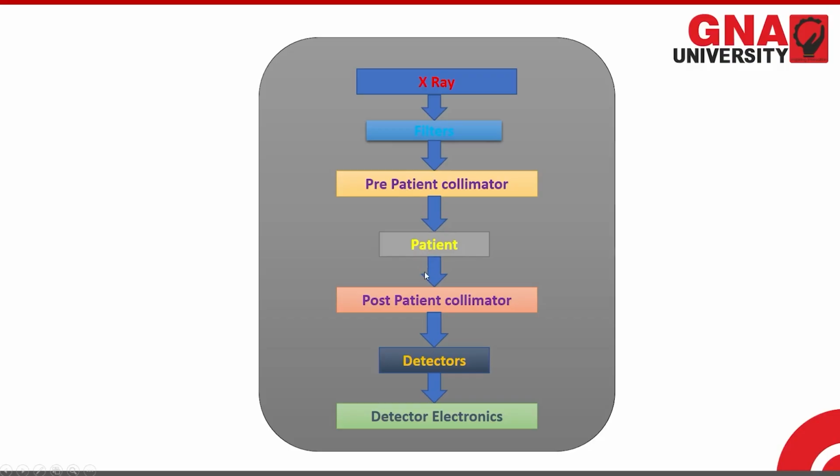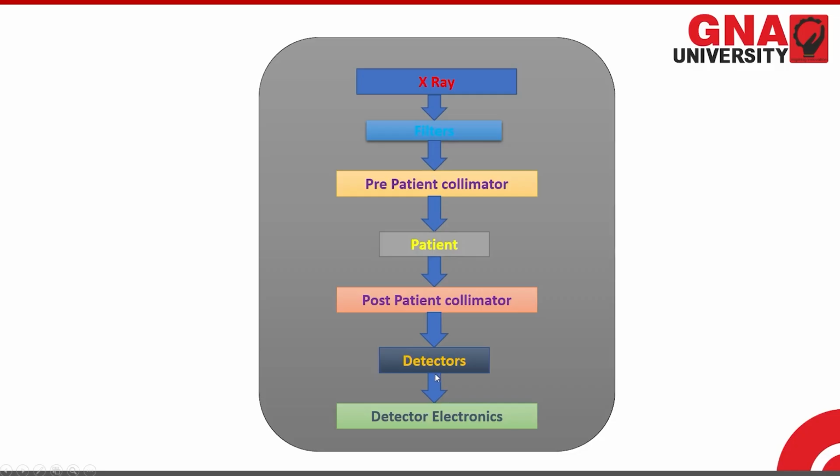While it emerges, some of the obliquely traveling photons are absorbed by the post-patient collimator, and it only allows the directly traveling X-ray photons to reach the detector. The post-patient collimator is important so that the scattered radiation will not be registered on the detectors.